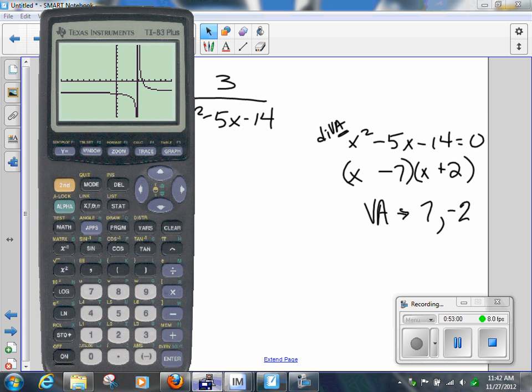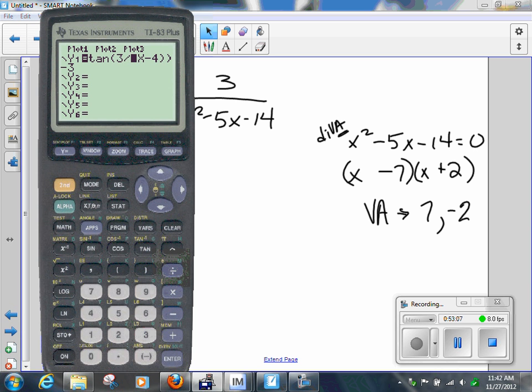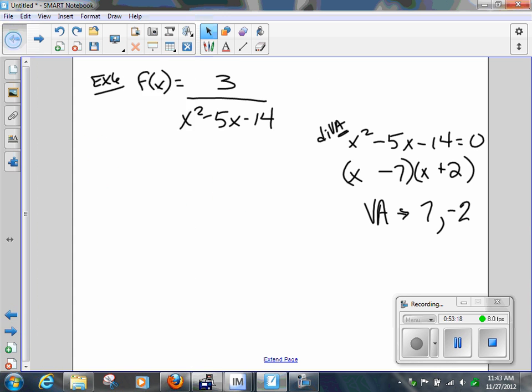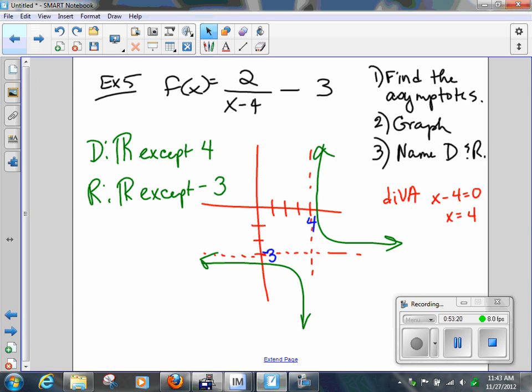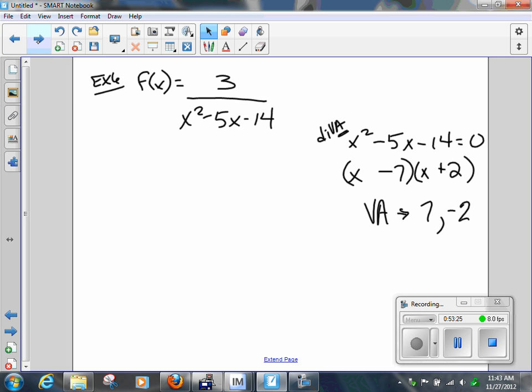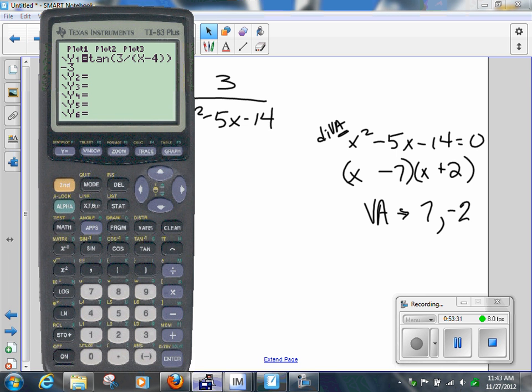But put this in the calculator. 3 divided by how many pieces do you think is going to be part of this graph? Look at example 1 in your notes. If there are 2 pieces, 2 curves in example 5, how many pieces to this graph do you think there will be? There will be 3, okay? Let's verify that.